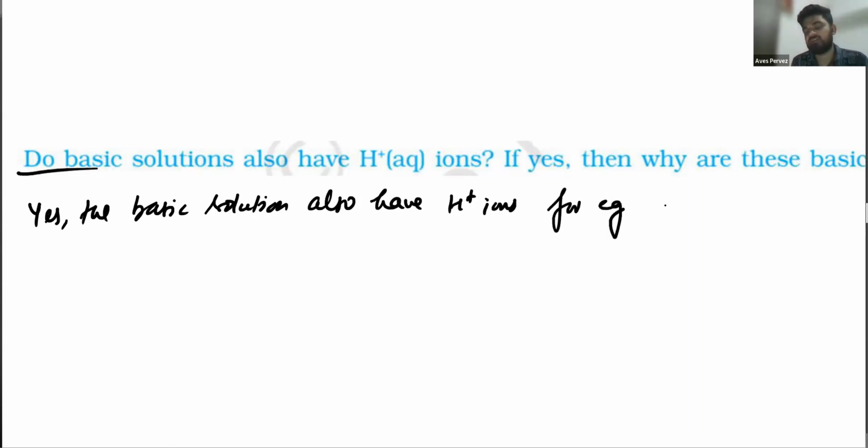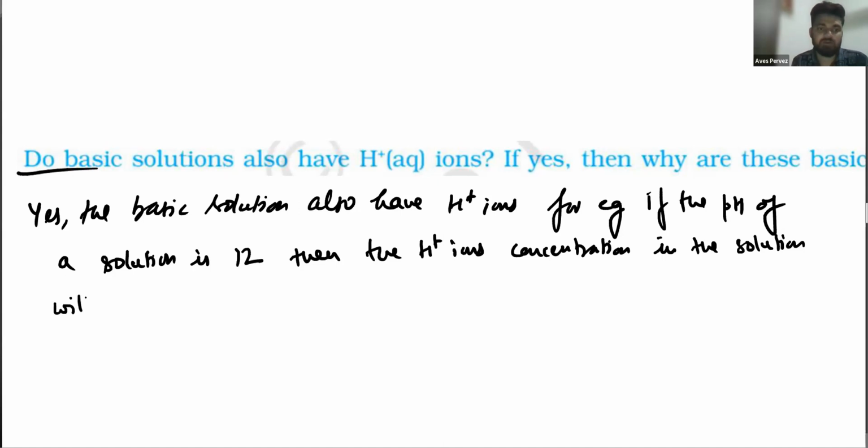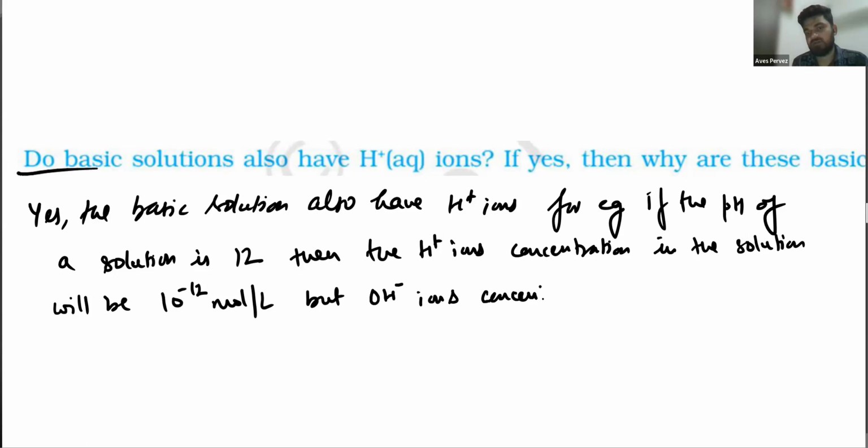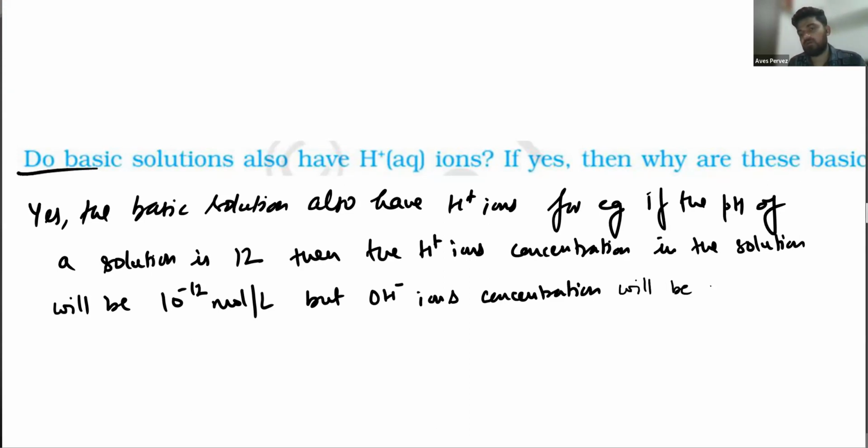For example, if the pH of a solution is 12, then the H plus ion concentration in the solution will be 10 to the power minus 12 mole per liter, but the OH negative ion concentration will be 10 to the power minus 2 mole per liter.